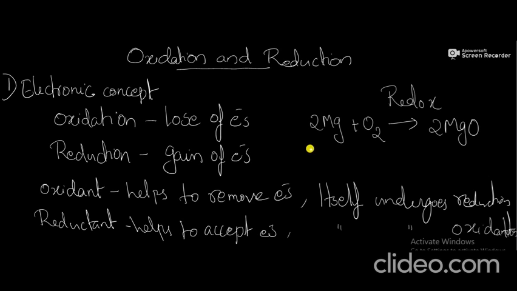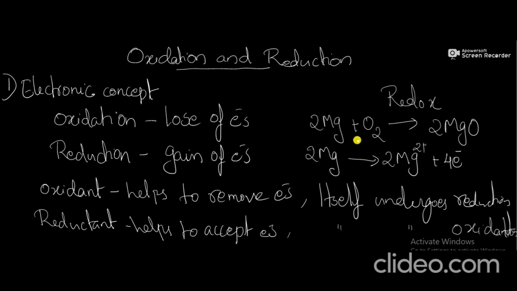In the case of magnesium, 2 moles of magnesium are converted into 2 moles of Mg2+ by liberating 4 electrons.